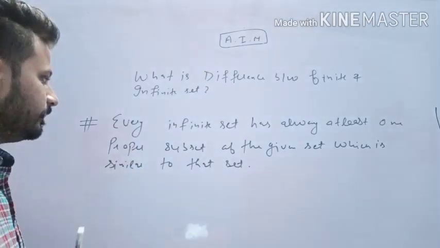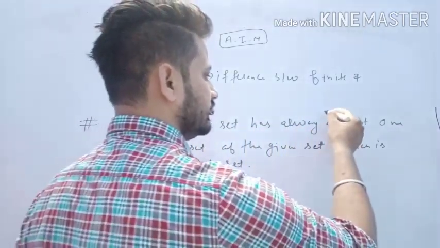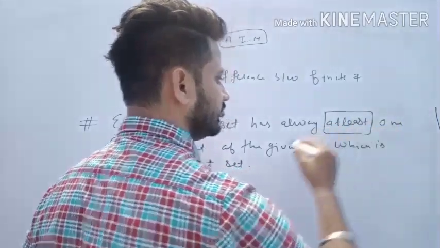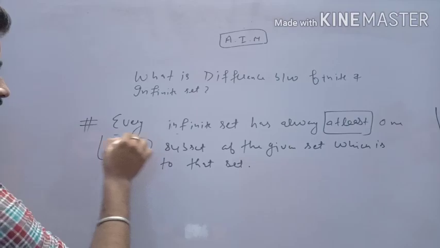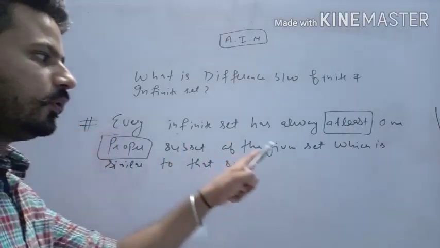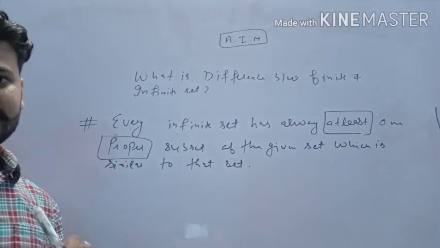I read it again: every infinite set has always, and this is an important word, at least one proper subset of the given set which is similar to that set.